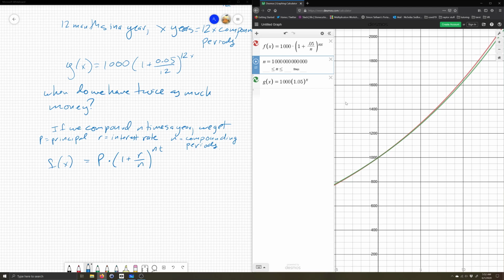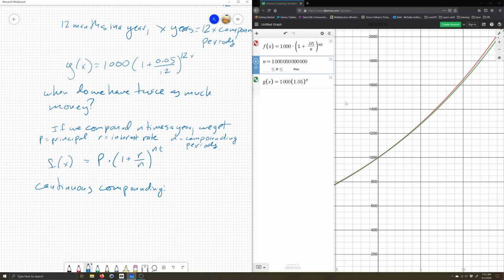It levels off. And it levels off at what's called continuous interest, or continuous compounding. So continuous compounding interest is when n sort of goes to infinity, gets really, really big. And if n gets really big, what you end up with is g of x equals P times a number e raised to the Rt.